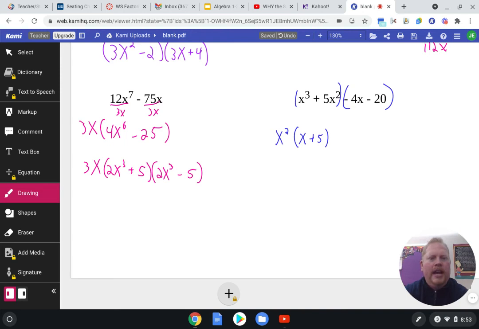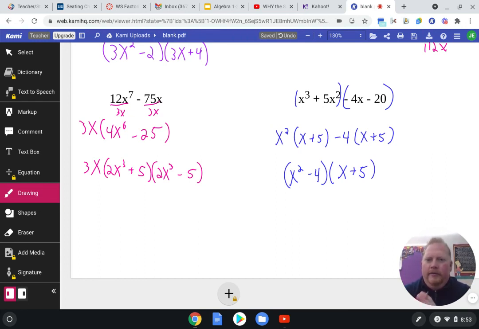Since that third term is negative, I'm going to factor out a negative number, so negative 4. And then x plus 5. My parentheses match, so we're in good shape. So I get x squared minus 4, x plus 5, final answer.